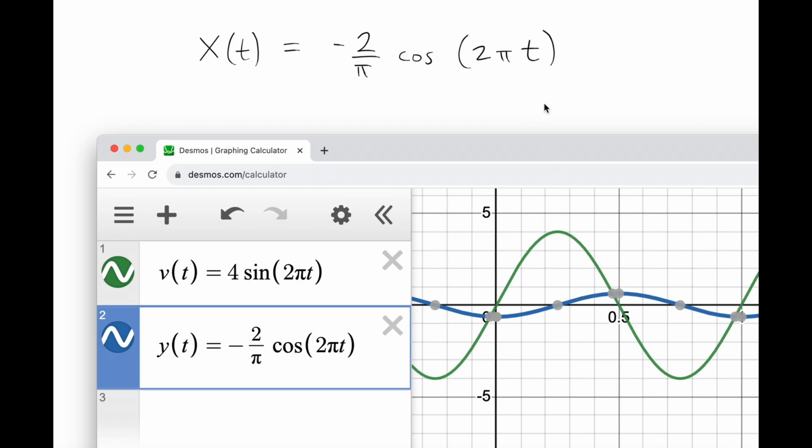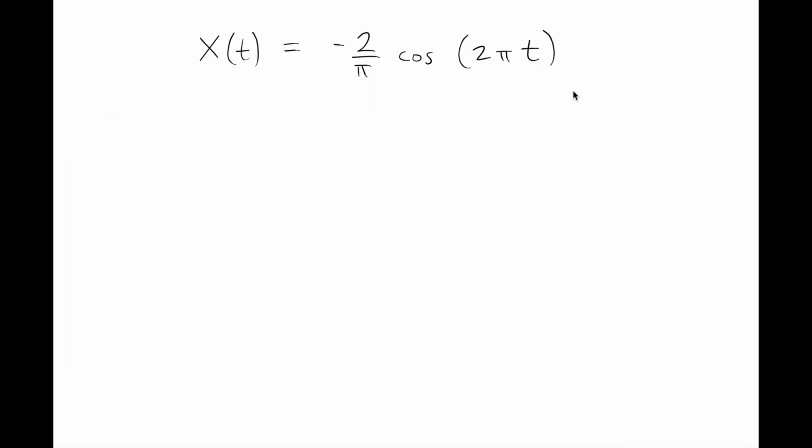And what I should do now is figure out what the position of the object is at a t of 0.5, because that's the first time that the velocity is 0 after t equals 0. I could probably just click on this point right here. Yeah, that's going to be the position that is the answer to the question. 0.637.